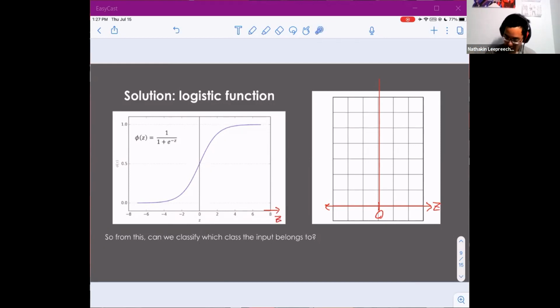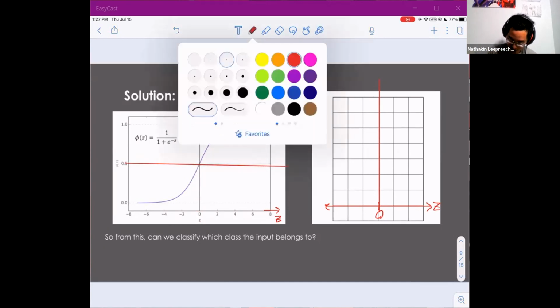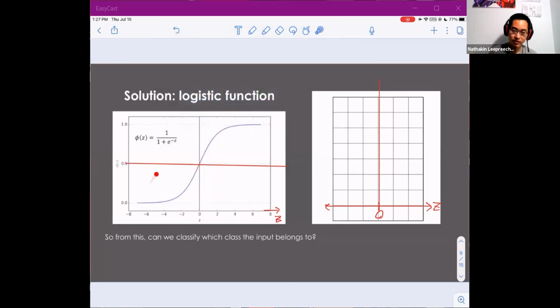If you look at the line, we also use the same threshold as before, 0.5. So this is our threshold, and it goes like this. Then we can see a relationship: suppose that z is less than 0, then it's always going to be classified as class 0.